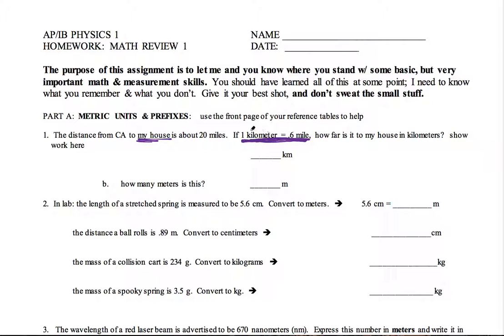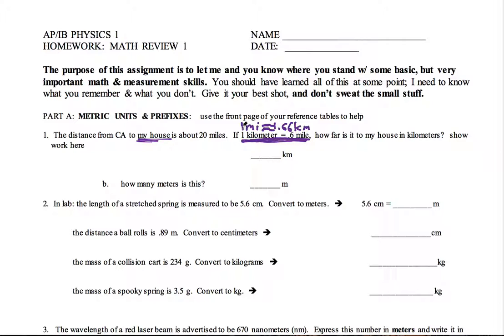So I can do 1 divided by 0.6, and I get that 1 mile equals about, and I'll use the approximate sign, a squiggly equal sign, 1.66 kilometers. Now this probably makes a little bit more intuitive sense to you. You're probably more familiar with what 1 mile looks like.